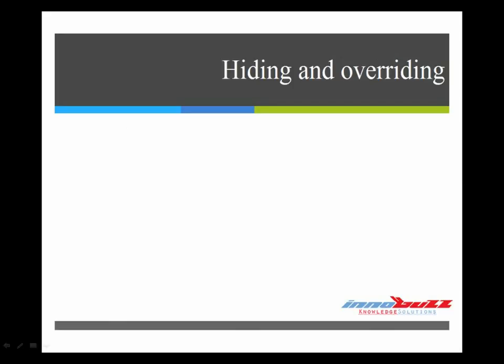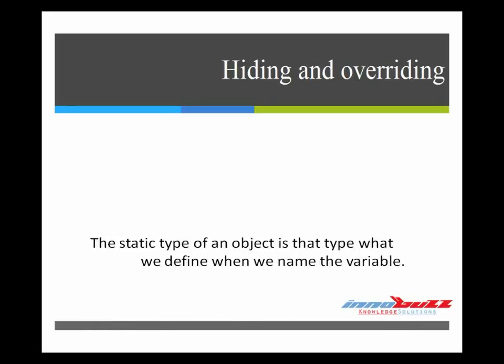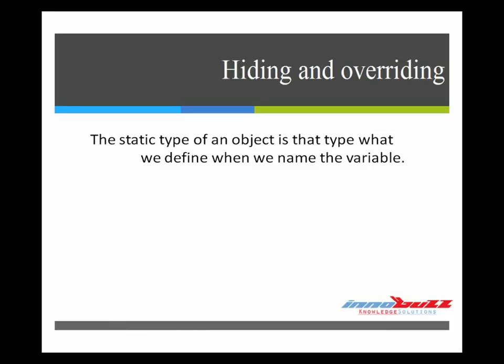The static type of an object is the type which is defined when we name the variable, for example, my class object or my interface object. When we make a new instance by calling the constructor of the class, it specifies the dynamic type.